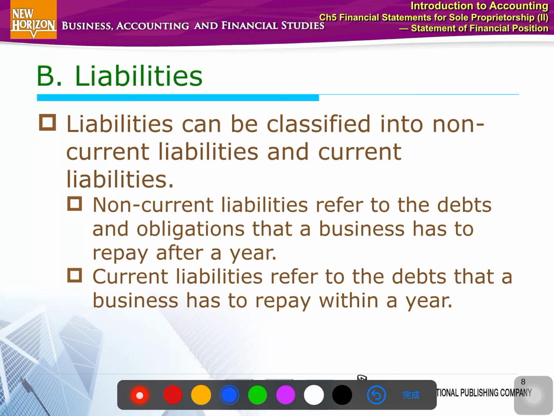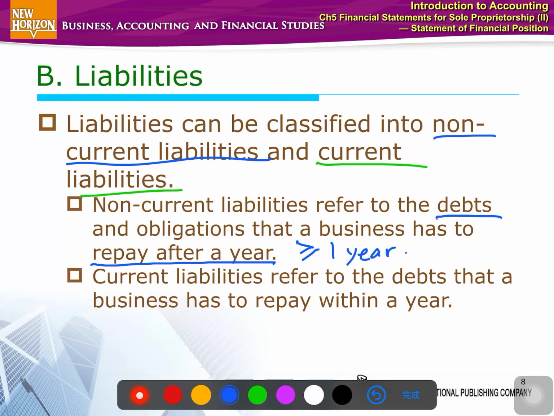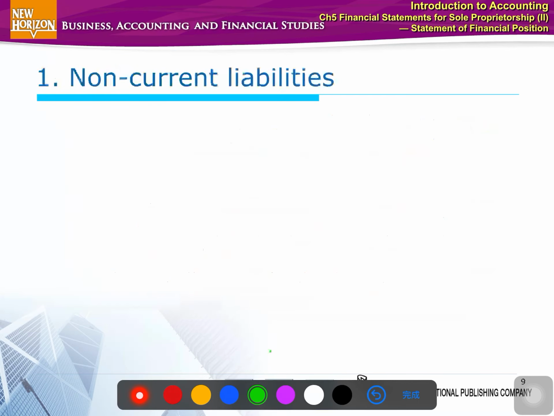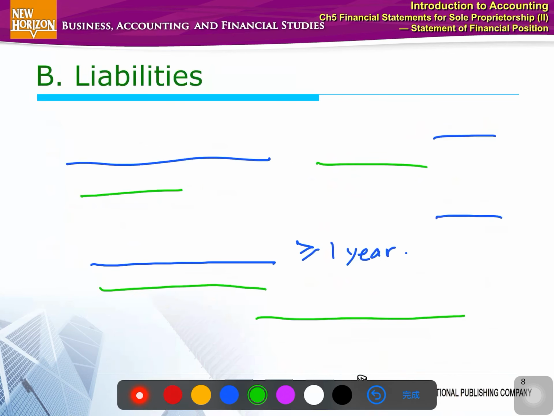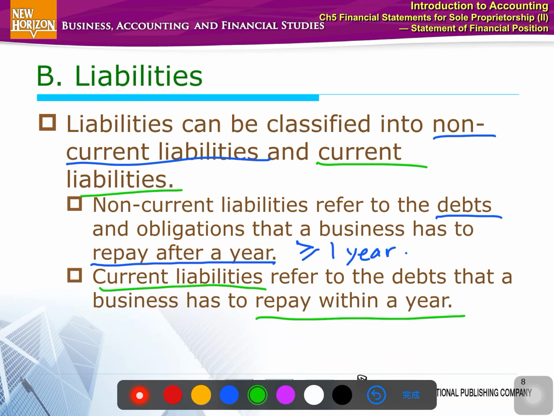Liabilities are also divided into non-current liabilities and current liabilities. Non-current liabilities refer to debt we pay after a year, that is, longer than 1 year. Current liabilities we pay within a year, that means shorter than 1 year.